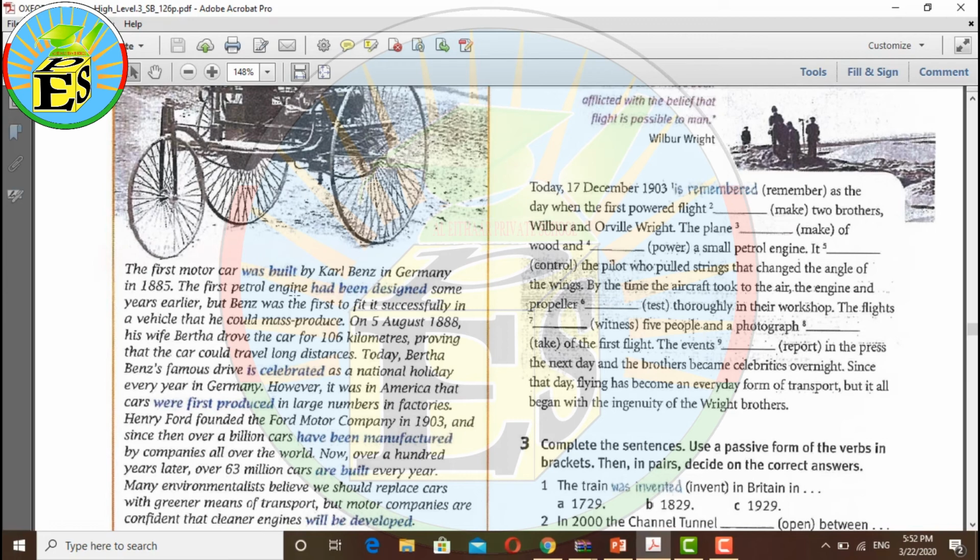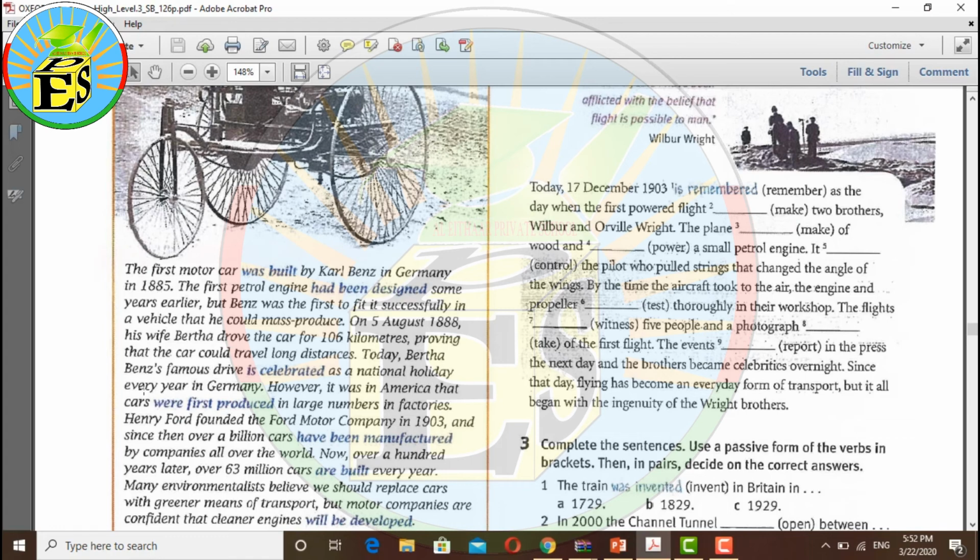The first petrol engine had been designed some years earlier, but Benz was the first to fit it successfully in a vehicle that he could mass produce. On 5 August 1888, his wife Bertha drove the car for 106 kilometers, proving that the car could travel long distances. Today, Bertha Benz's famous drive is celebrated as a national holiday.